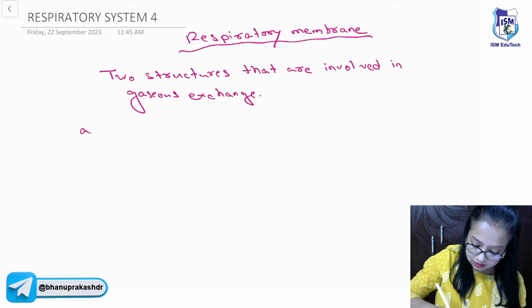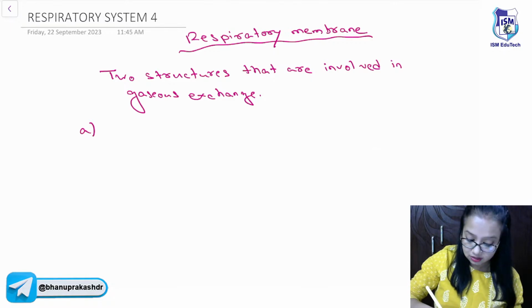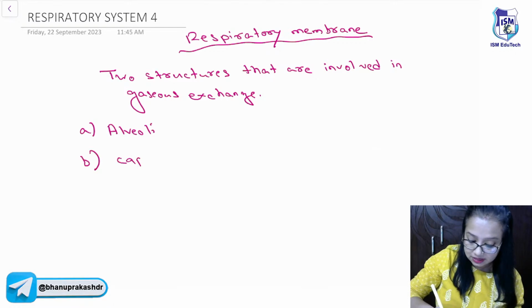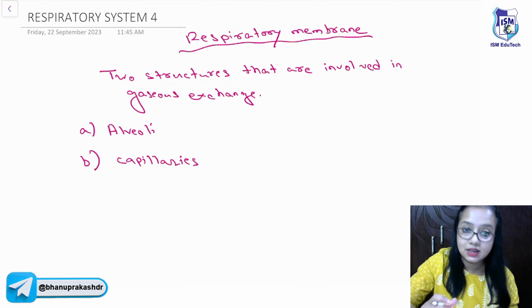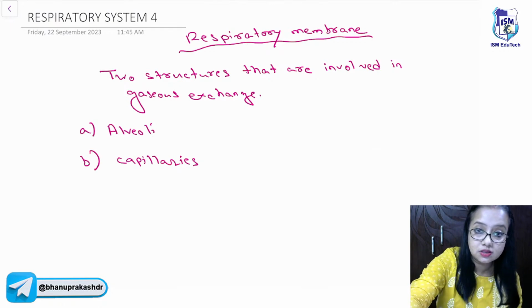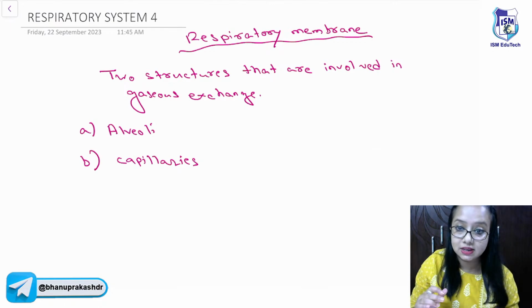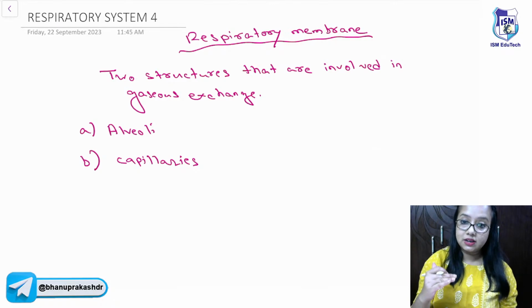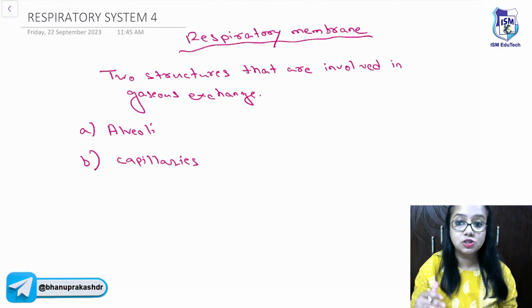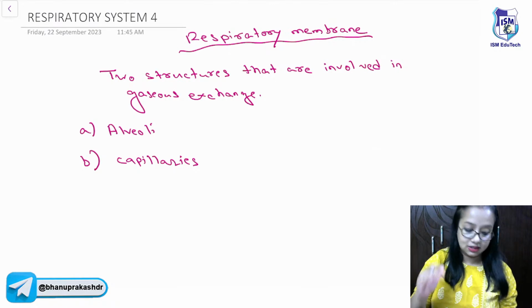The first one is the alveoli and the second one is the capillaries, the pulmonary capillaries. When this exchange of gas takes place between the alveoli and the capillary, there is a specialized structure which is modified or adapted so that this gaseous exchange can take place.